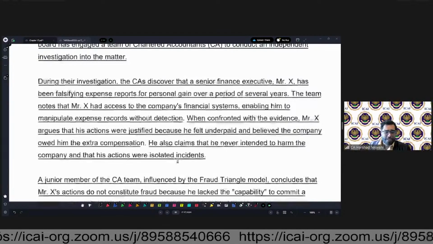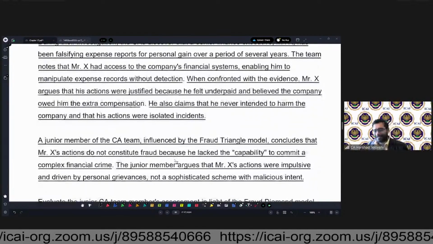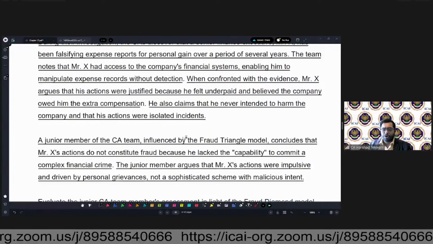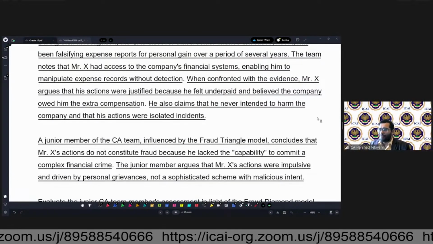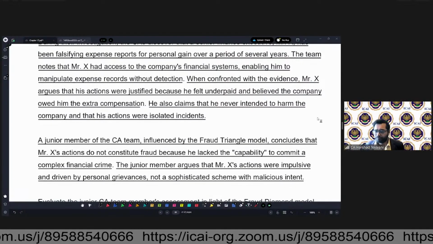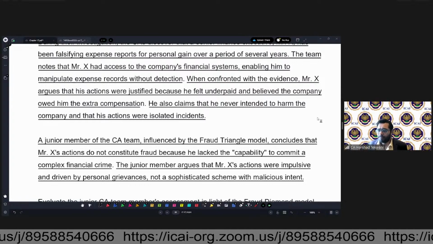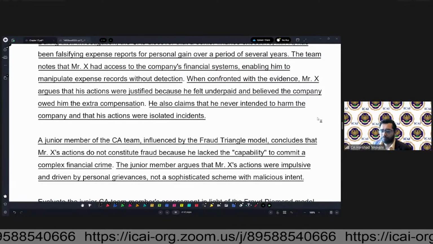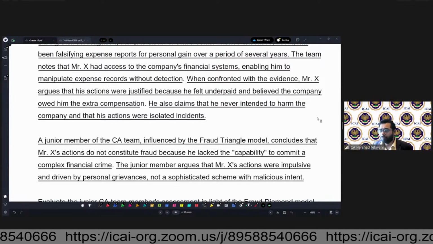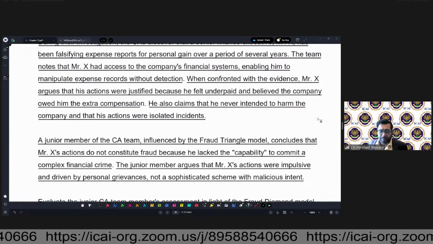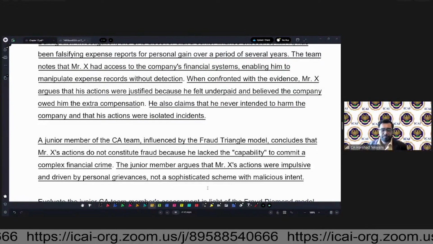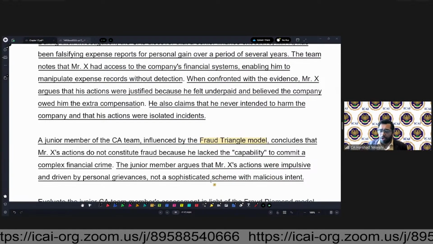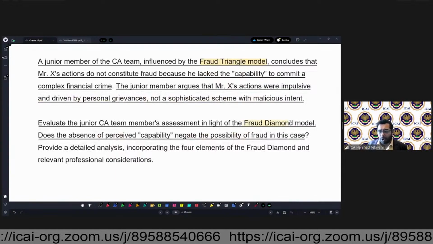So tell me one thing before we go into the assessment. We have heard of the fraud triangle model. Can anyone tell me what a fraud triangle is? There's a fraud triangle model and there's a fraud diamond model.